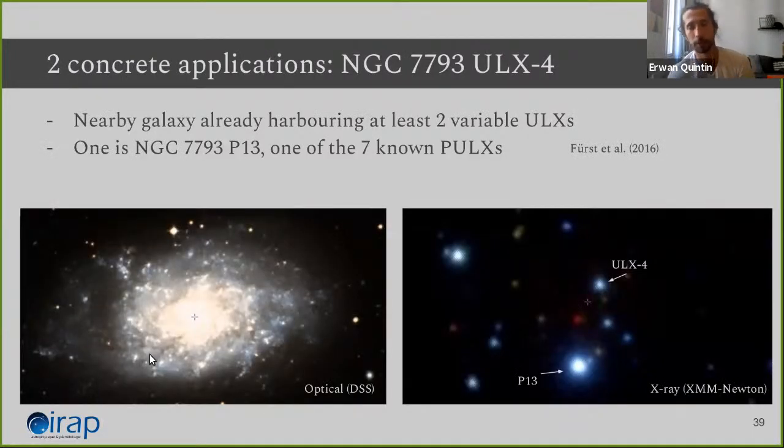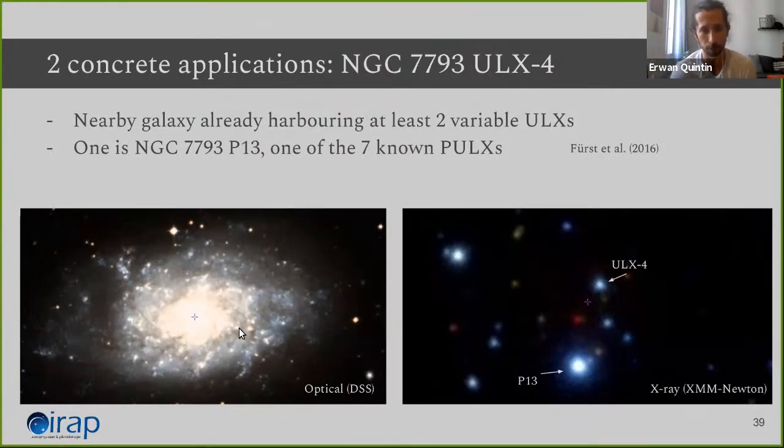NGC 7793 is famous for those of us that know ULXs because it's a nearby galaxy that is already known for harboring at least 2 variable ULXs, one of which is P13, which is one of the 7 known pulsating ULXs. So this pulsating ULX is the reason why this galaxy was so much observed.